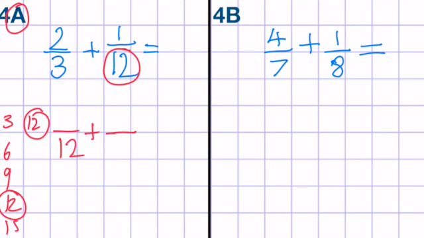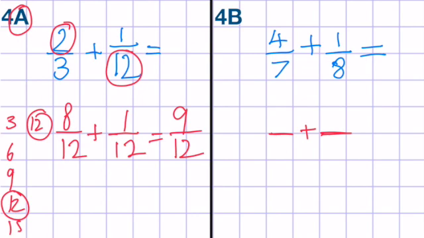So 1/12 isn't going to change. 2/3, the 3 became 12, that's times by 4, so we times the 2 by 4, which is 8. So it's 8/12 add 1/12, so the 12 stays the same, and it's 9/12.